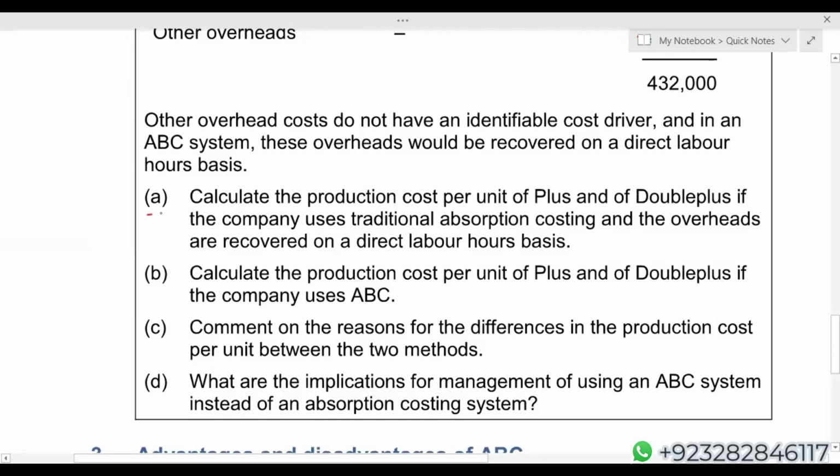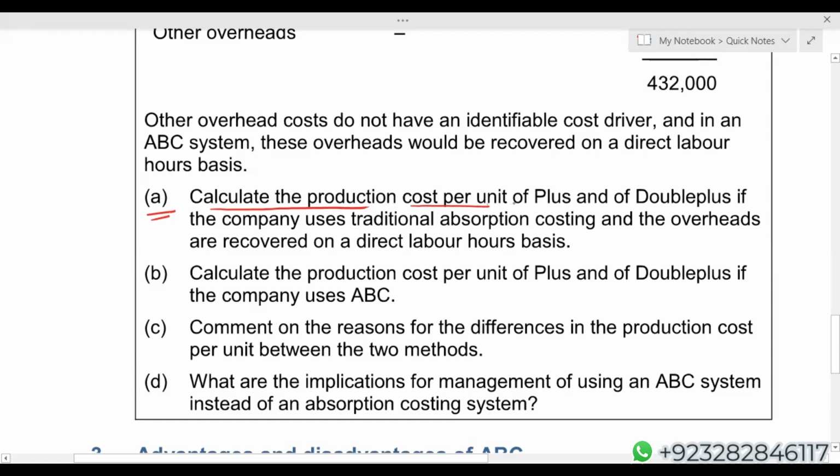And this is our first question of ABC. It says calculate the production cost per unit. Basically, when we say production cost, what happens?